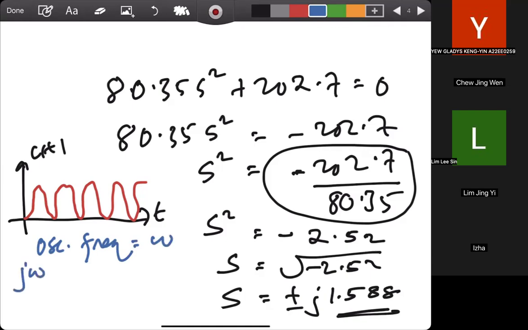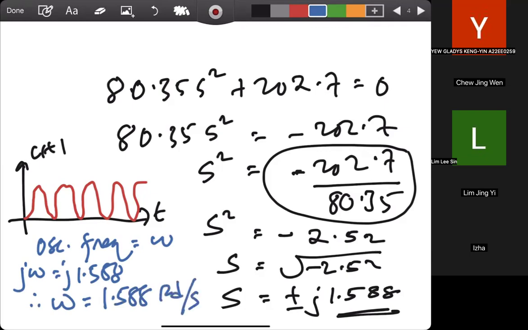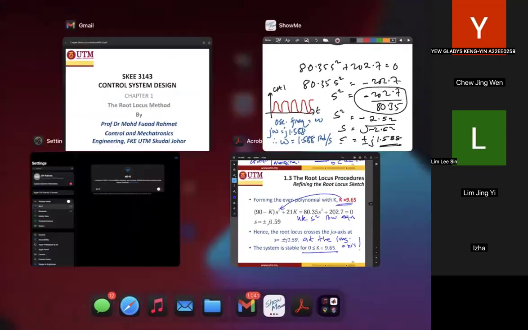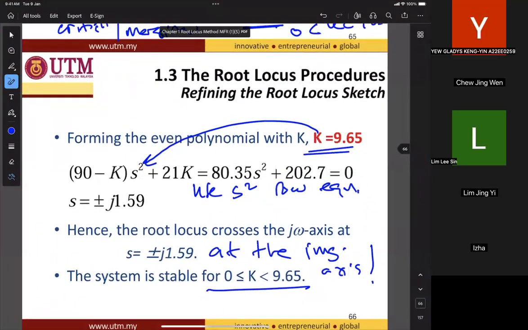So j omega equals j 1.588. Therefore the oscillation frequency is 1.588 radian per second. Okay, guys, understand? Yes, Professor.